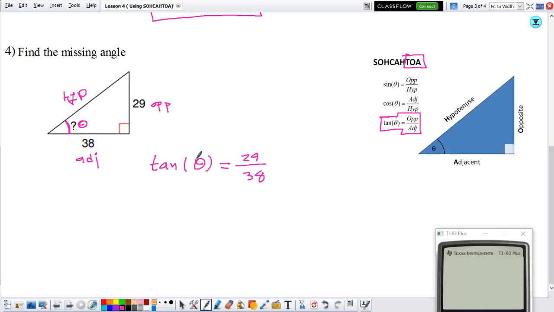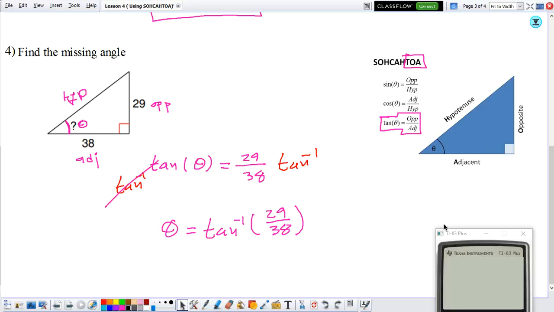We have this. We want to solve for theta, so you gotta remember that we need to multiply by the inverse of the function. So we multiply by the inverse of the function, because this way, they will cancel out. Boom. So now we have that theta is equal to the inverse of tangent of 29 over 38.